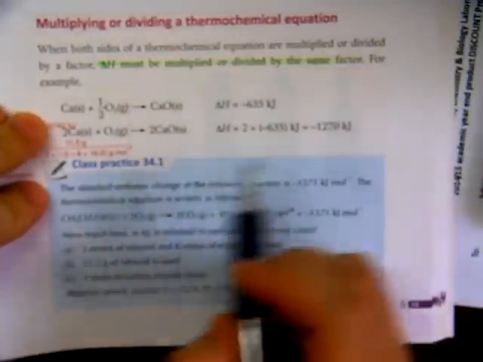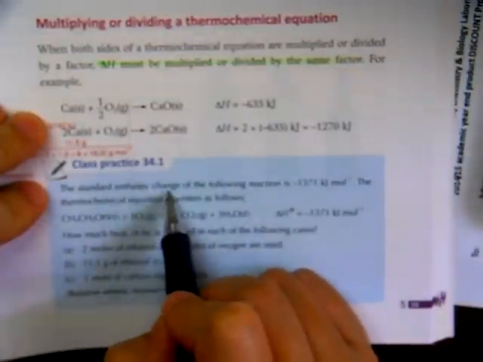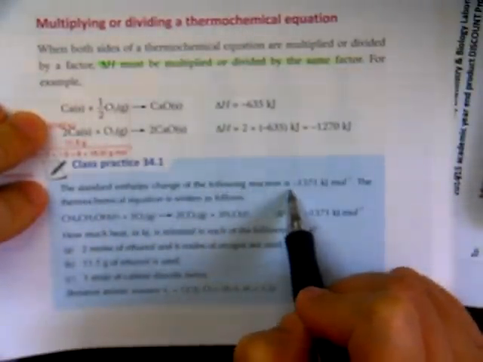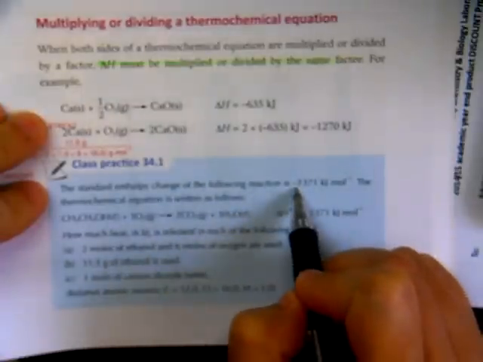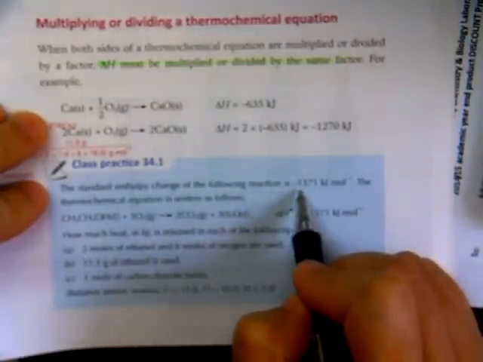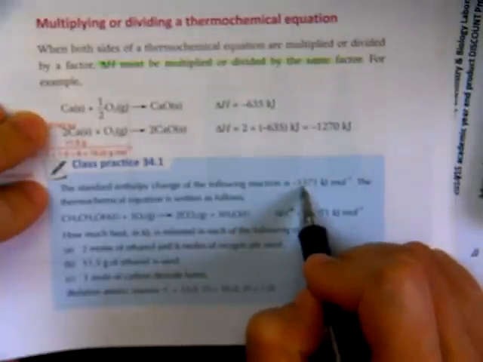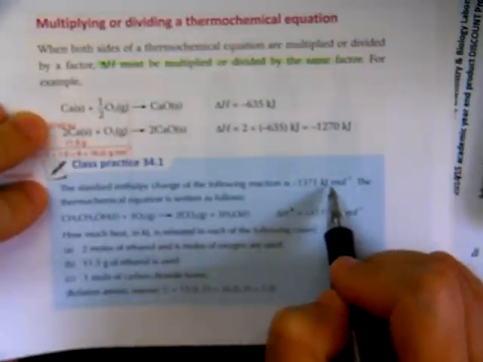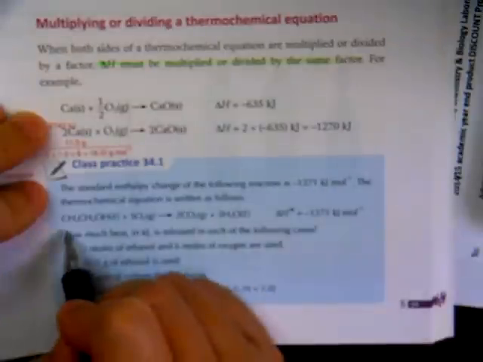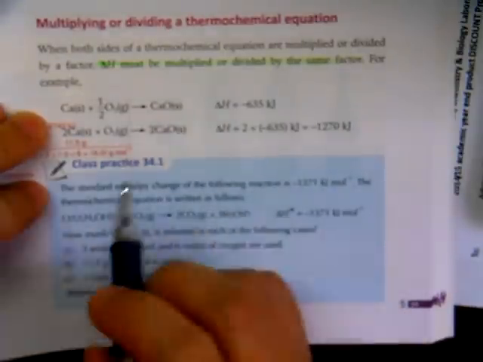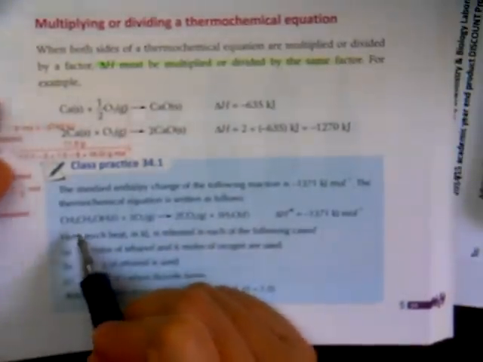34.1. The standard enthalpy change of the following reaction is negative 1,371 kilojoule per mole, represented by this equation. Negative means heat is released, okay? Now, what does it mean? Let's repeat.